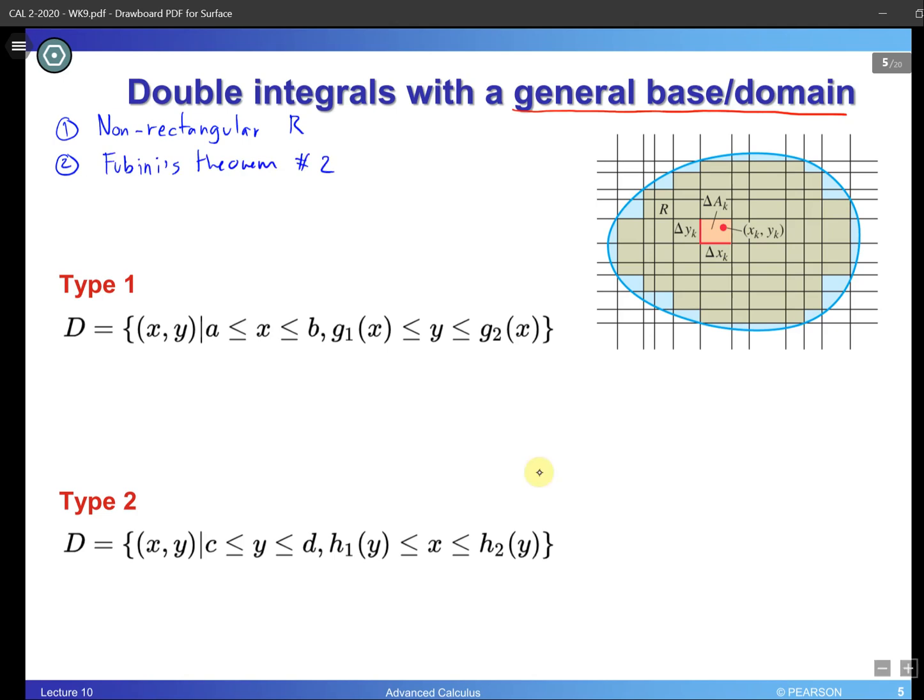Number 3, the order of the integration cannot be swapped freely. When I talk about the order of the integration, I'm talking about dx dy or dy dx. So this time around, dx dy or dy dx cannot be swapped freely.